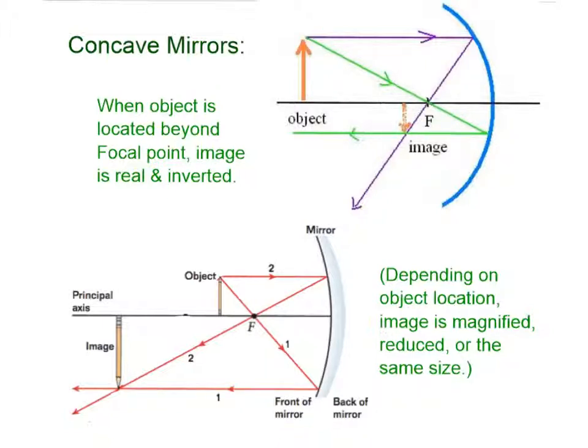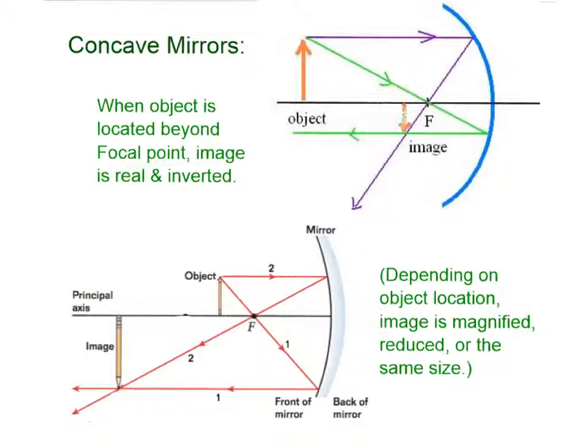When the object is located way beyond the focal point, and that would be right here, let's say this is our arrow as our object. And just as in our previous frame, this is producing a real inverted image. This image is diminished. It is smaller than the actual object. It's real, though, because light rays are really traveling through it.